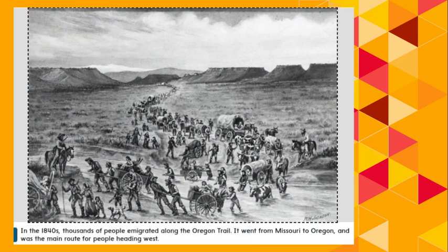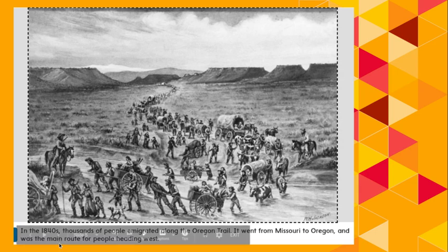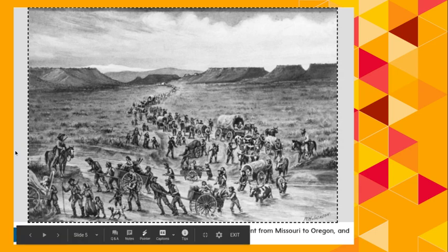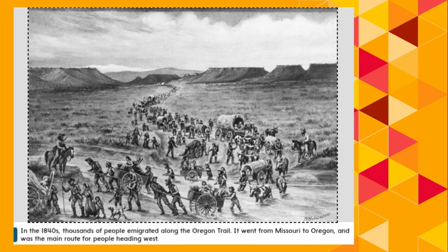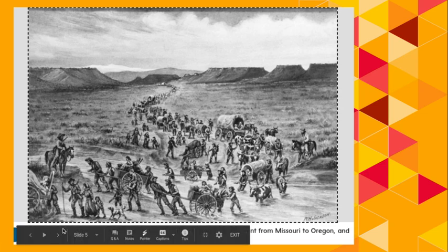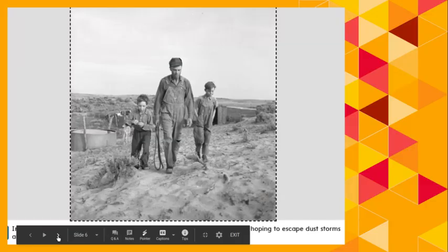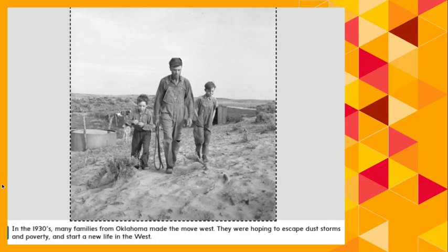Here are some examples of people moving west. It says in the 1840s, thousands of people immigrated along the Oregon Trail. It went from Missouri to Oregon, and was the main route for people heading west. In the 1930s, many families from Oklahoma made the move west.